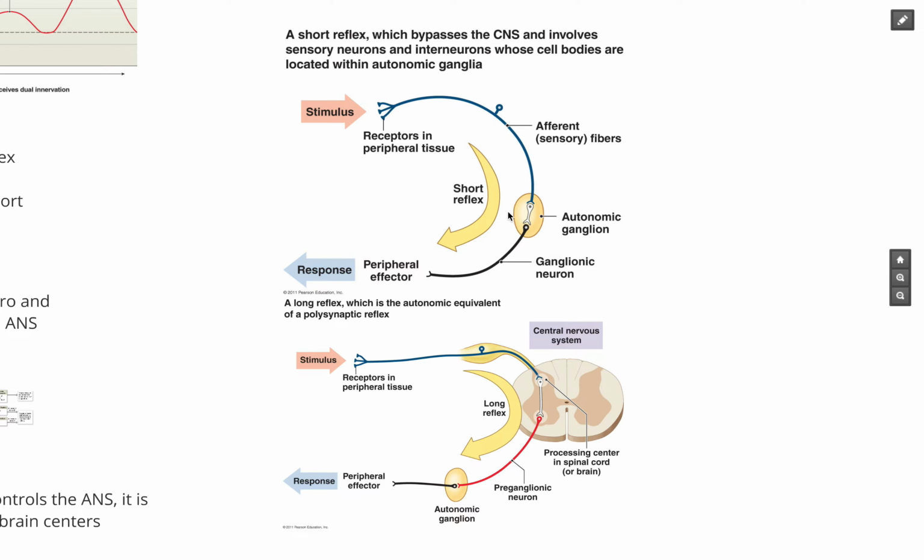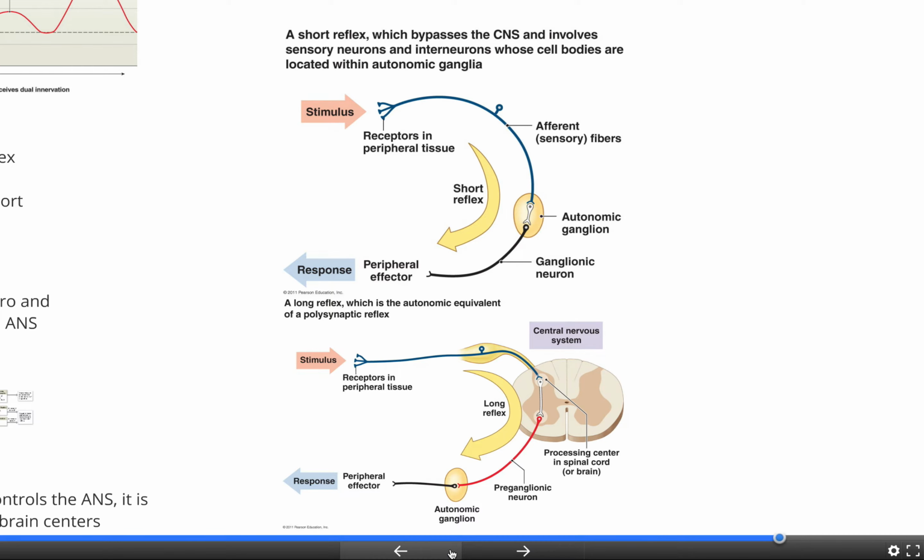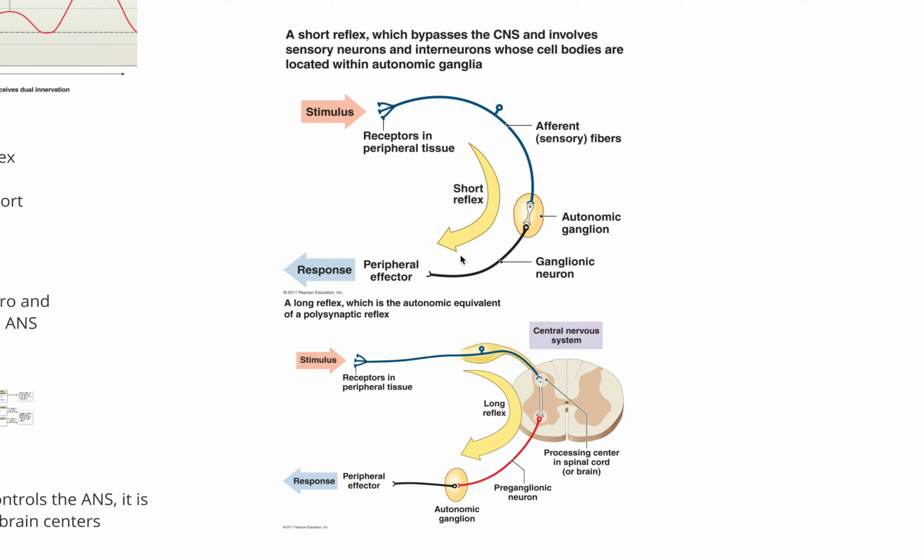And then this figure shows short reflexes. Here's a short reflex and here's a long reflex. And the difference is a short reflex involves an autonomic ganglion and then goes right to the effector. A long reflex goes to the spinal cord or the brain, so there's an extra step in that. So short reflexes are faster because they bypass the central nervous system. That's the main difference.